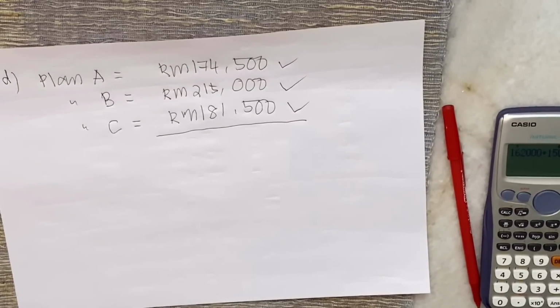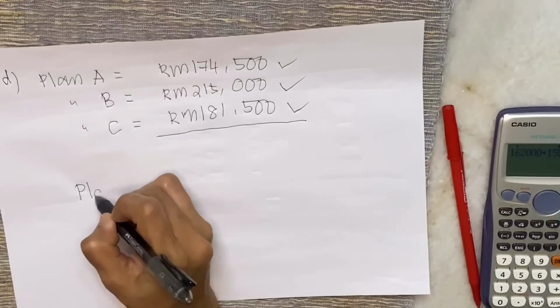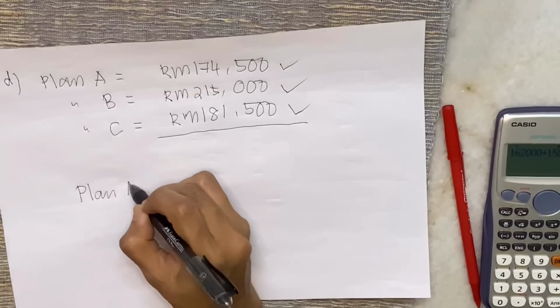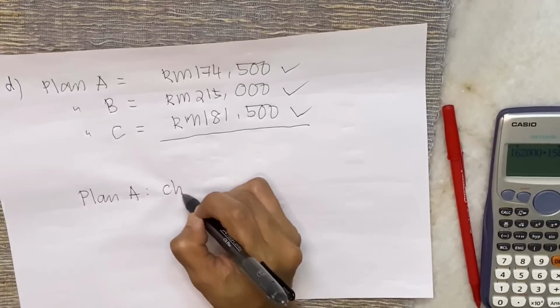So in deciding which strategy is the best strategy, of course lah, in terms of cost, we are going to get the minimal one. So in this case, plan A is going to be chosen.